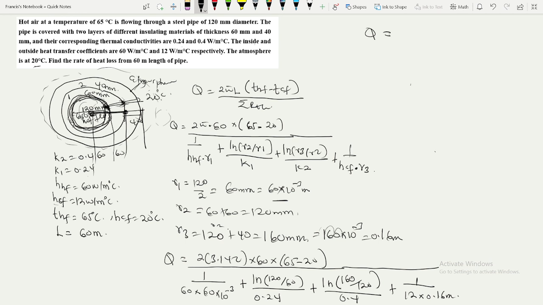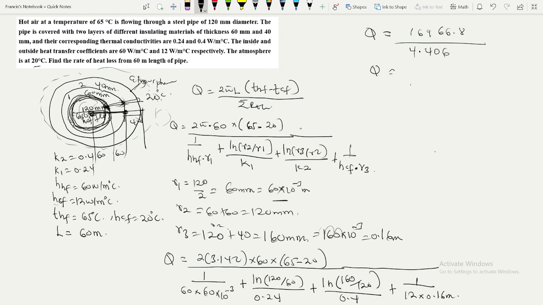So now we get our Q. Let's evaluate the numerator separately: 2 times 3.142 multiplying 60 times 65 minus 20, and that gives us 16966.8. With the denominator, we have 1 over 60 times 10 to the power minus 3, plus ln 120 divided by 60 all over 0.24, plus ln 160 divided by 120 all over 0.4, plus 1 over 12 times 0.16, and that gives us 4.406.